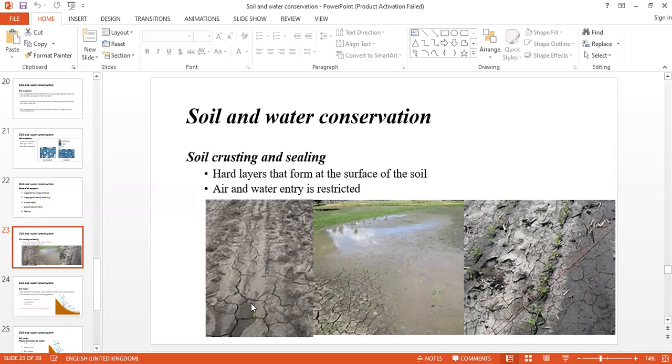But compaction can occur anywhere in the soil, whether in the subsoil or the topsoil.